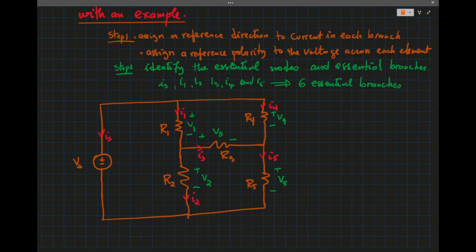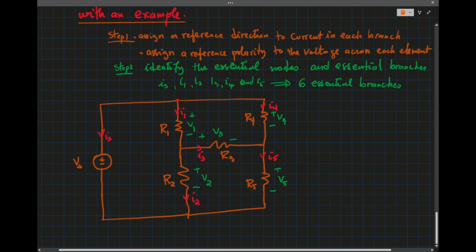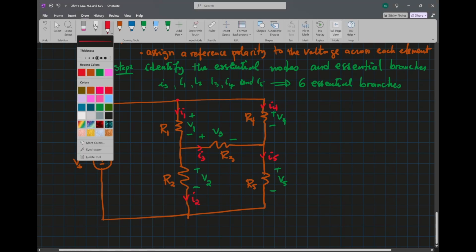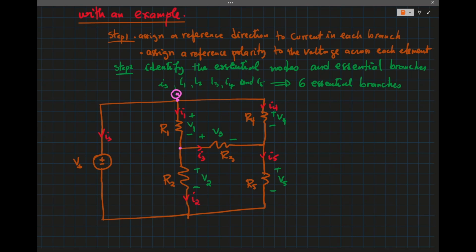So what are the essential nodes? Essential nodes are at the point where we have three or more elements connected. Let's use a different color. Let's say this is one of them, so I call it A. Then we have 3 elements that meet there.